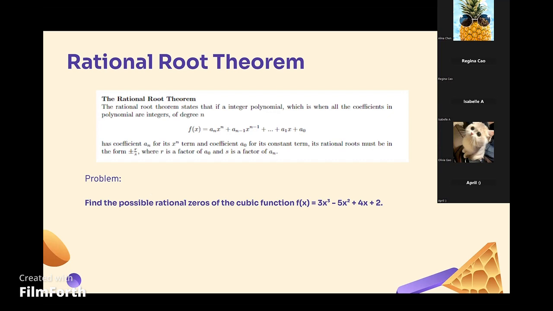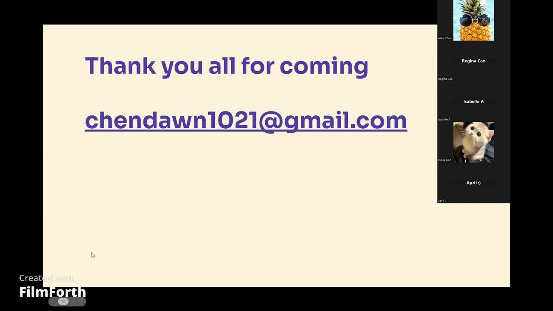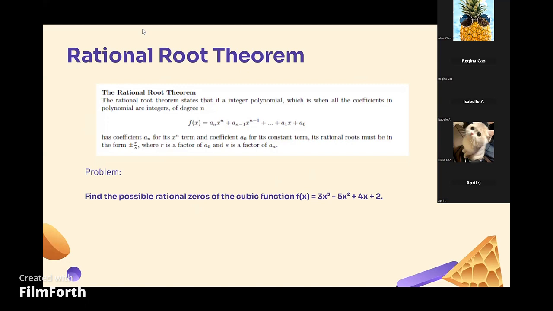It doesn't necessarily mean that all these numbers are going to be roots of our polynomial, but it shows all the possibilities. That's a lot easier than checking every single number. If we were trying to find roots by guessing, this narrows down our guesses by a lot, because we don't have to consider other random rational numbers, such as 4 over 5, since we know it's not going to be a rational root of our polynomial by the rational root theorem.